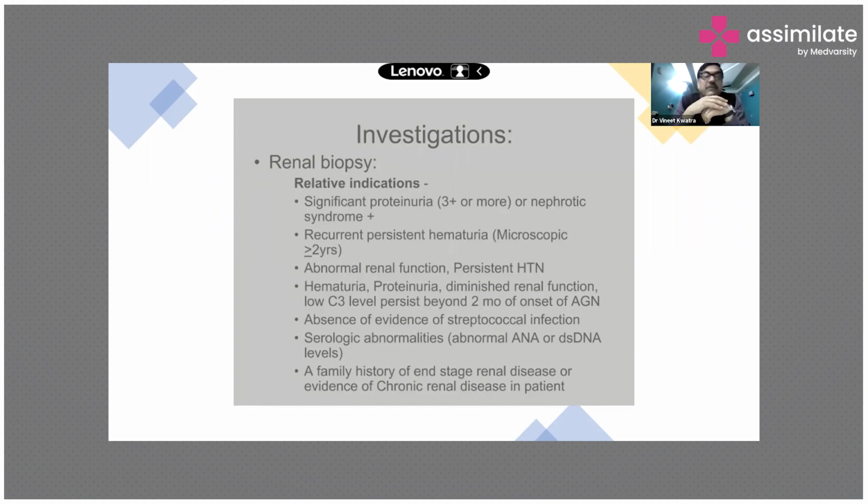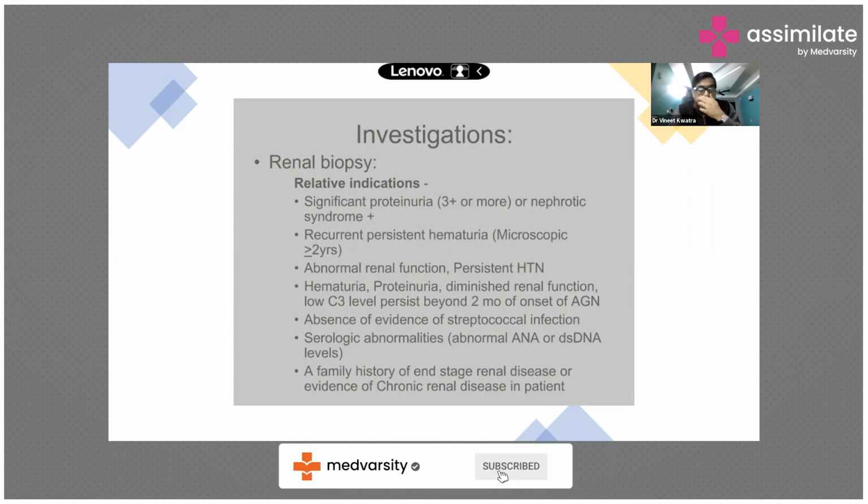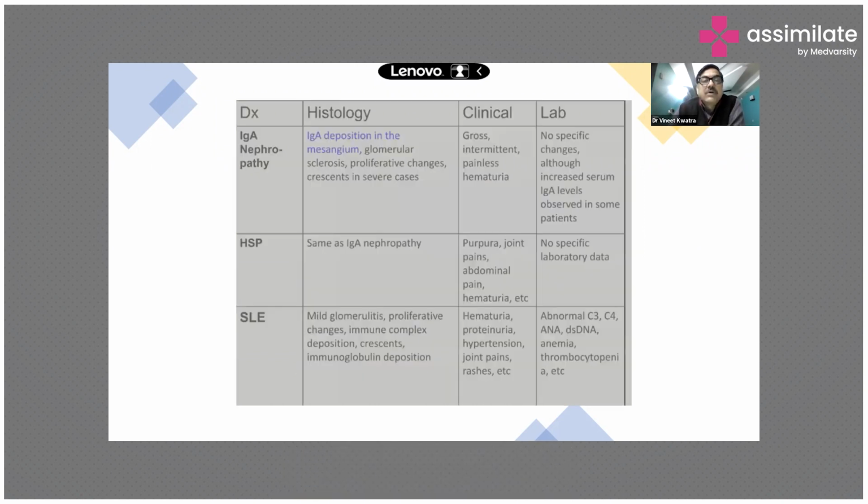So significant proteinuria of 3 plus or more, recurrent nephrotic syndrome even after oral steroids and other medication like methotrexate, persistent hematuria for more than 2 years, abnormal renal functions, persistent hypertension, hematuria, proteinuria, diminished renal functions, low C3 levels, absence of any other investigations showing positivity, any abnormal dsDNA levels, and a family history of end-stage renal disease, then yes, you should go ahead with a renal biopsy.